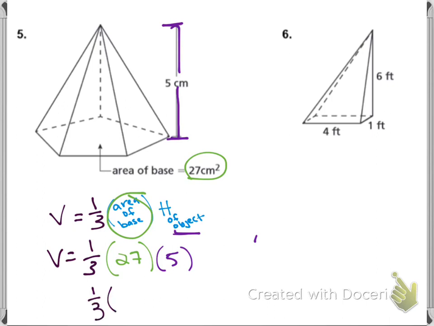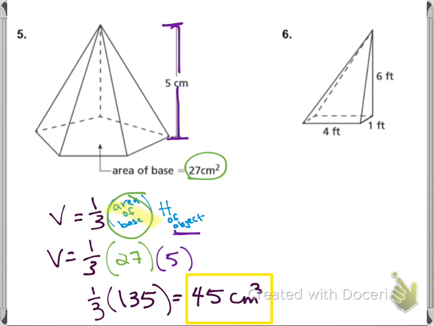So we're going to multiply 27 times 5, which is 135. Again, you can divide that by 3. It's the same thing. It's multiplying by 1/3. And you get 45 centimeters cubed. So this one we didn't really have to do too much work. We didn't need to do any formula for the area of the base because they had given it to us.